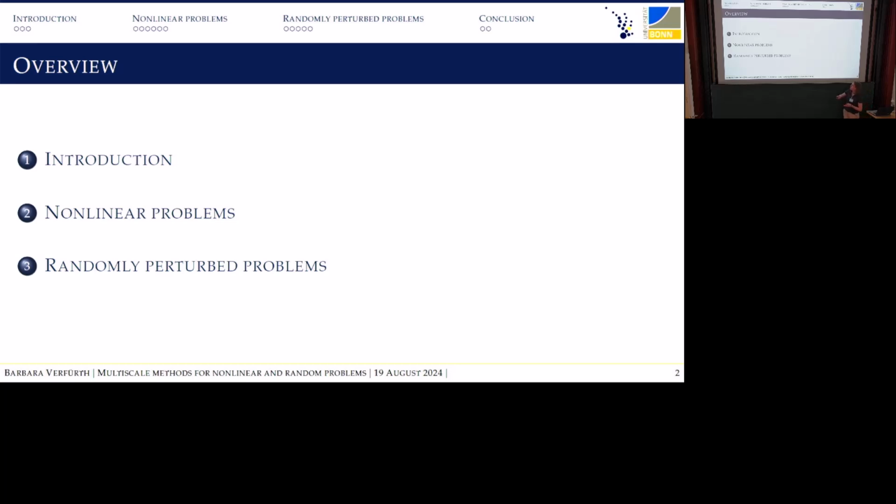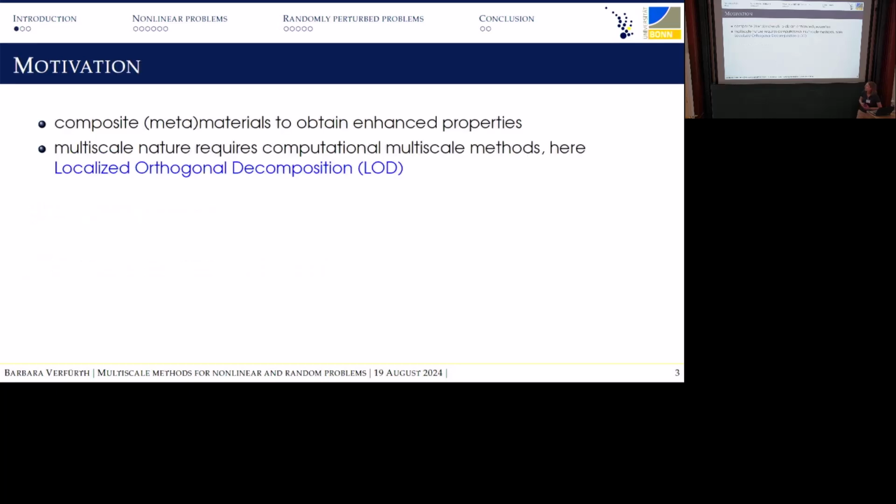So, let me motivate. Of course, I think in this audience I don't have to motivate a lot that a lot of application problems require us to look at multiscale problems. For instance, we've already heard it in the first talk. If we want to look at modern composite materials or metamaterials that are used in various applications to obtain enhanced properties, we had some very nice examples in the first talk.